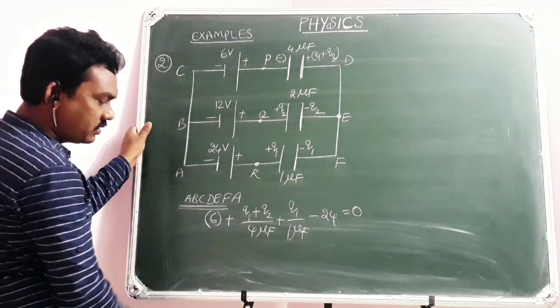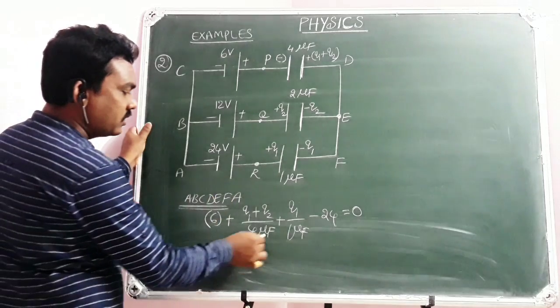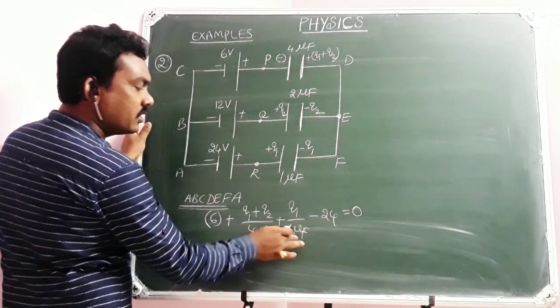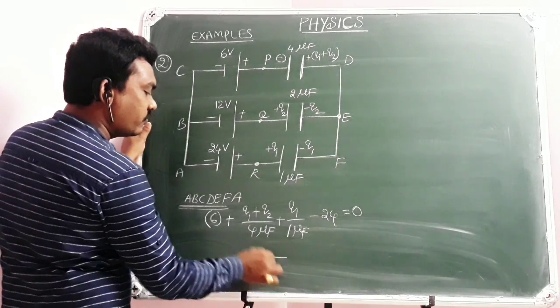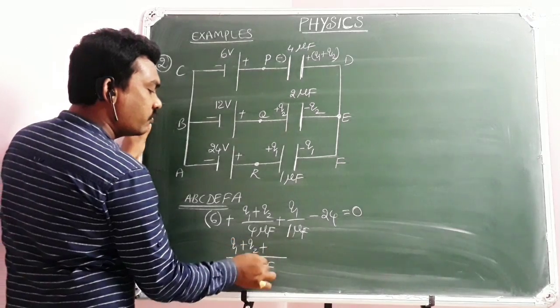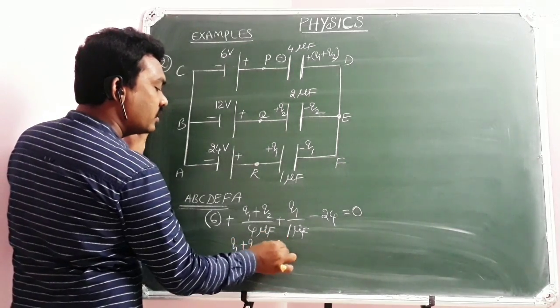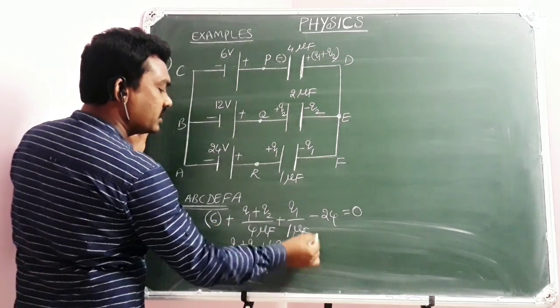If you simplify this, plus 6 minus 24 is minus 18, take to the other side. Simultaneously take 4 as LCM, so I mean 4 microfarad. Then 4 for one time, Q1 plus Q2, plus 4 times 4 Q1 is equal to plus 6 minus 24, minus 18 goes to the other side, plus 18.